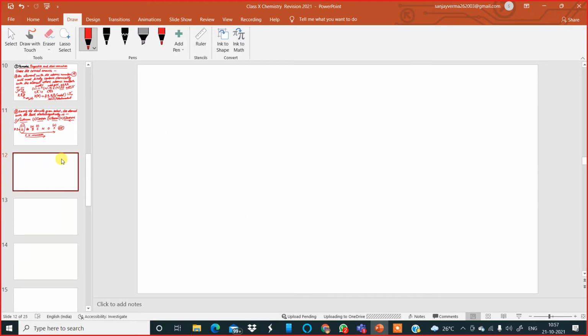Number C. The third question from this chapter, periodic properties and their variation, is like this. IP. What is the meaning of IP? Ionization potential.